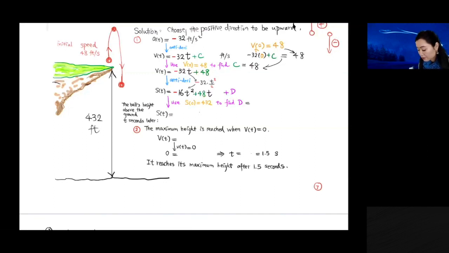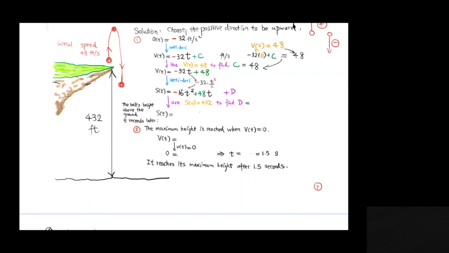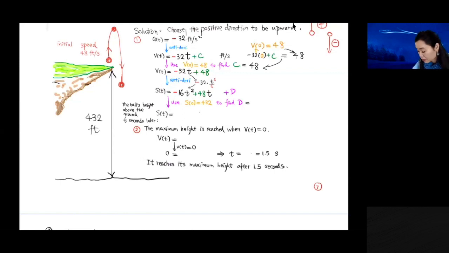Now over here, you need to figure out this D using the initial position of 432. Initially, the ball is 432 feet above ground. So using this information to find D, when you substitute 0 into T over here, you get 0 on this part, and then plus D. So D is equal to 432.